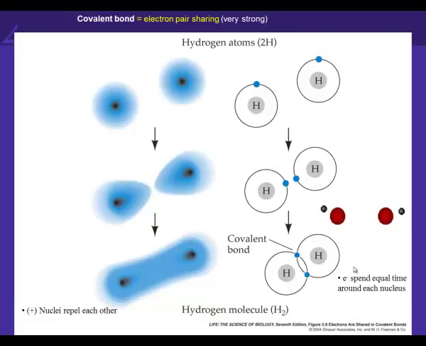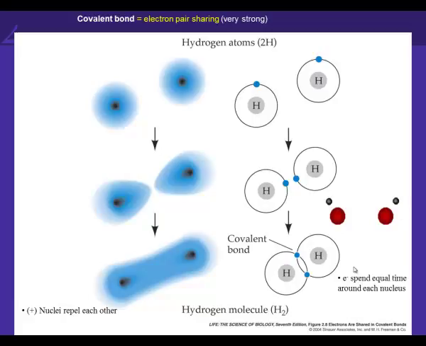So in the case of this covalent bond between hydrogen atoms, the electrons are spending equal time around the nucleus. And they're doing that because the attractive force that those nuclei are exerting on those electrons are exactly equal. Both of those hydrogen atoms have one proton each in them. They have an equal charge and equally attract electrons.